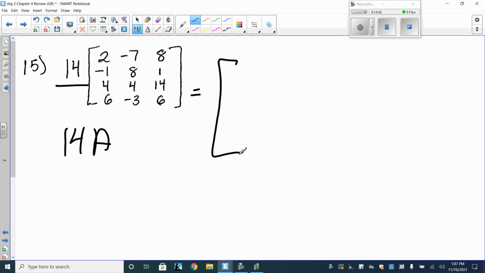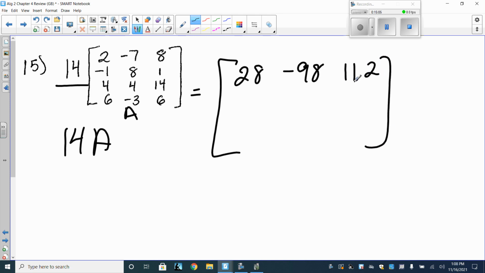If we did it by hand, 14 times 2 is 28, and then negative 98, and 8 times 14, 112.